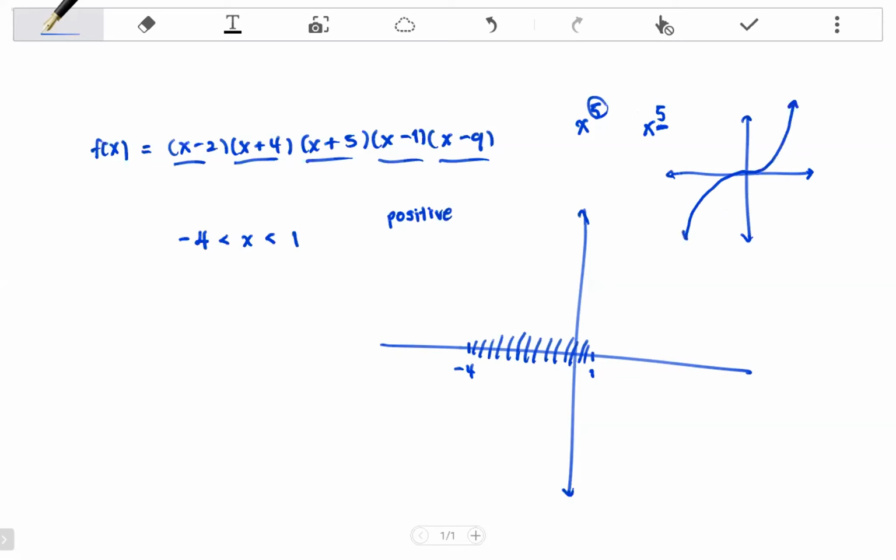Something like this, right? And we know that there are 5 solutions. So if it starts here and it ends here, there are 5 points: 1, 2, 3, 4, 5.